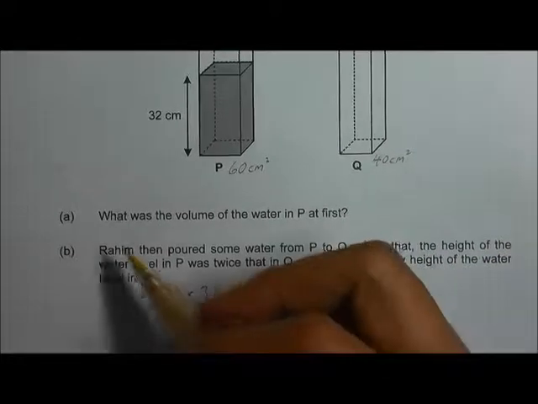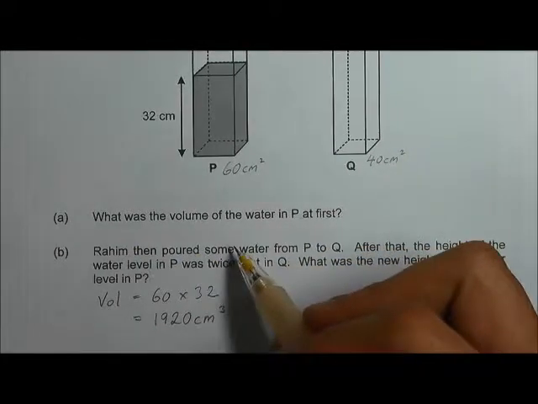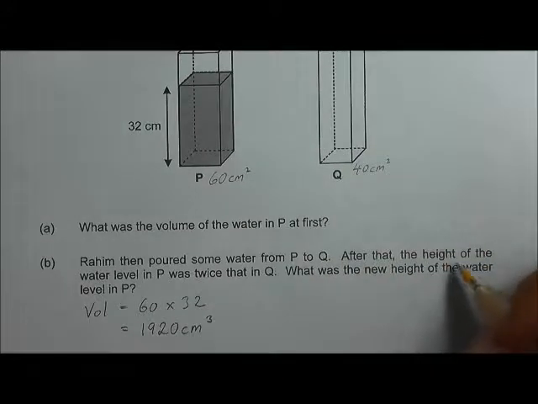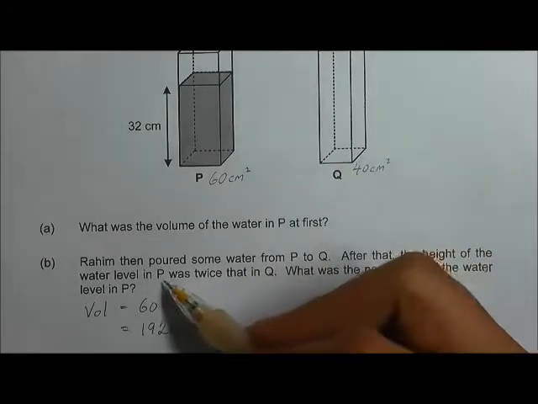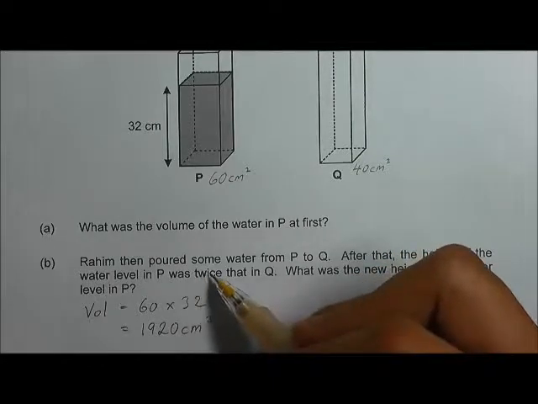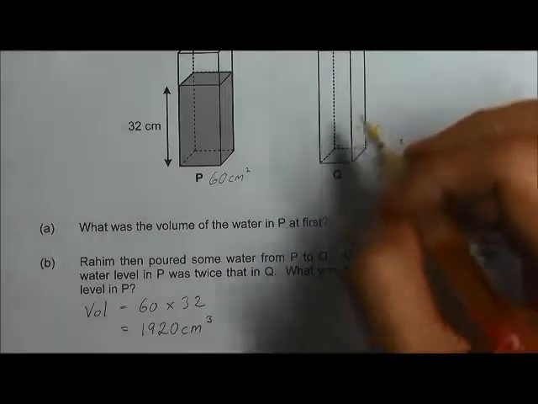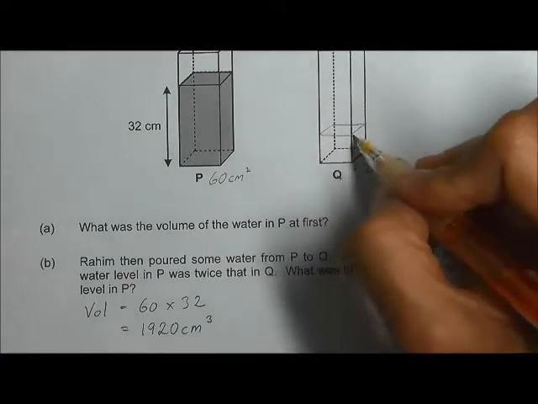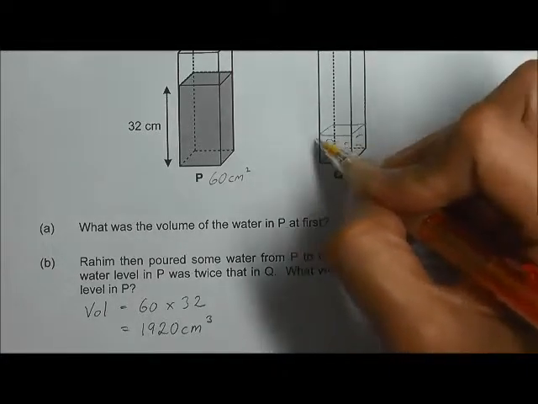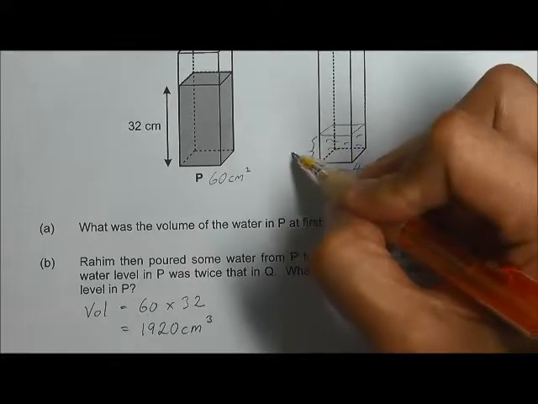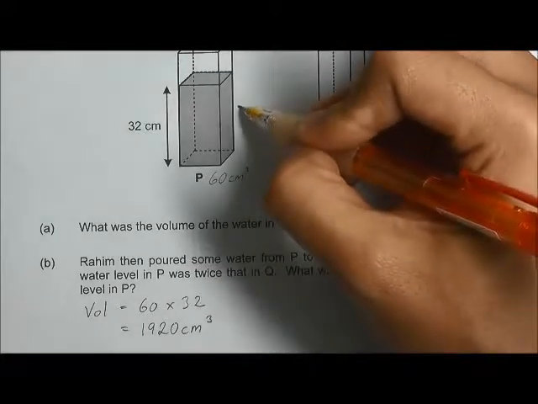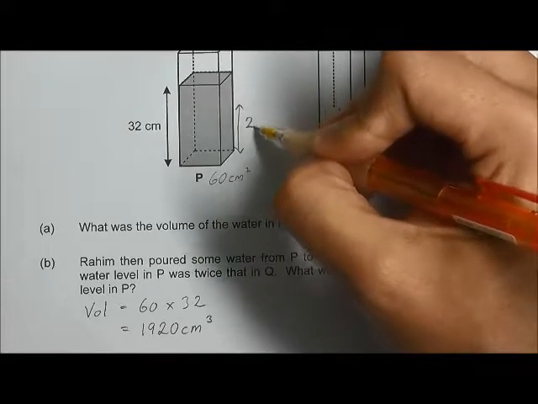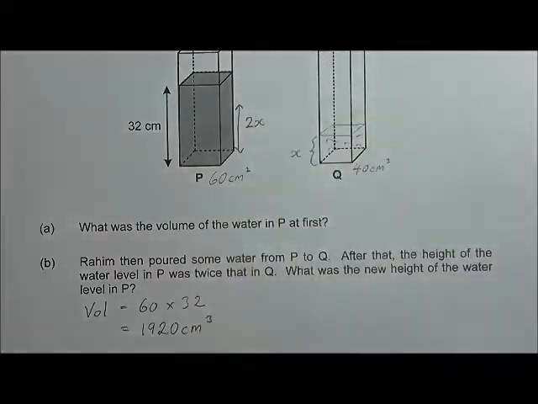Next, Rahim then poured some water from P to Q. After that, the height of water in P was twice that in Q. So let's imagine that there's some water being poured into Q, and the height here is x, so the remaining height in P has to be 2x.